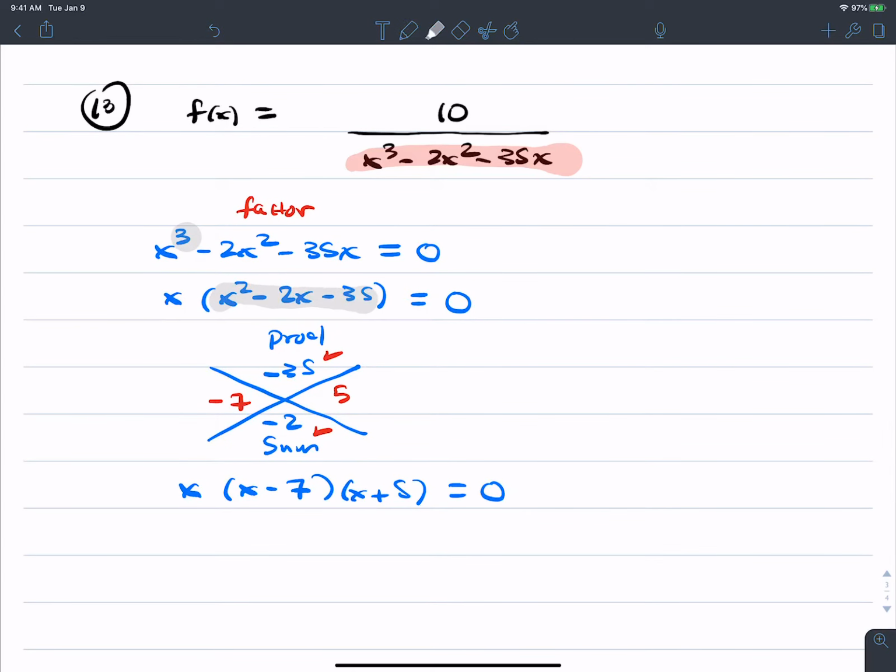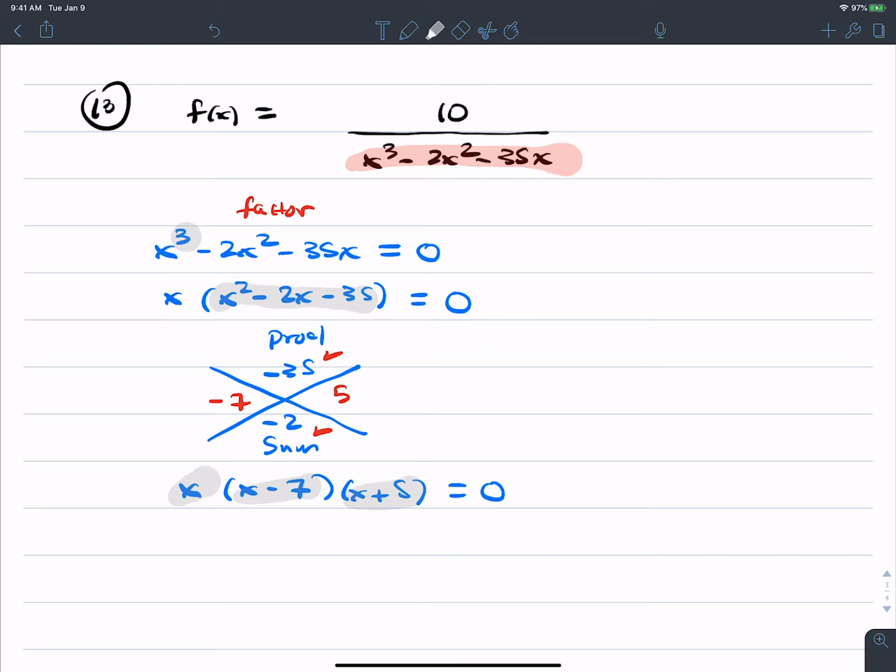We simply use those numbers found as that pair, and they go here. Now, you're going to notice something about this. This is the first time we see 3 terms multiplied together, and that equals 0.